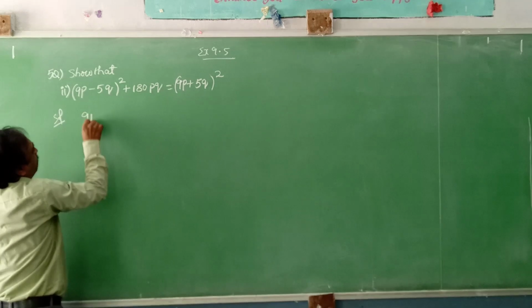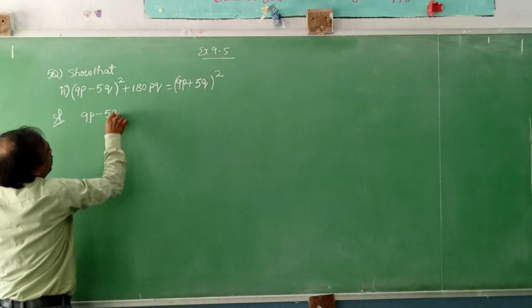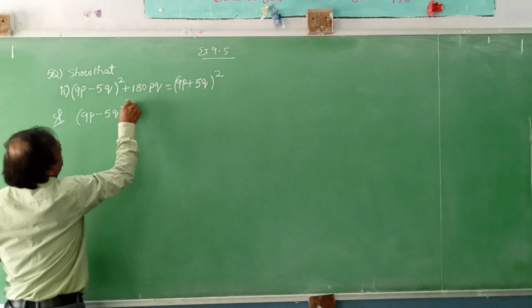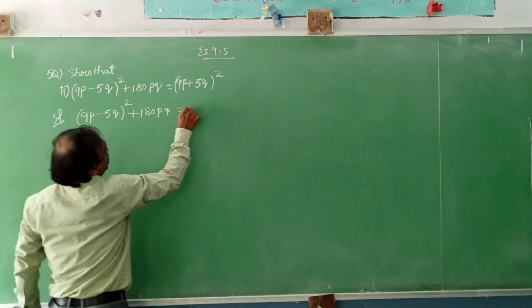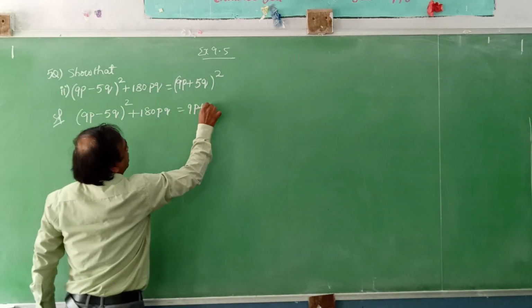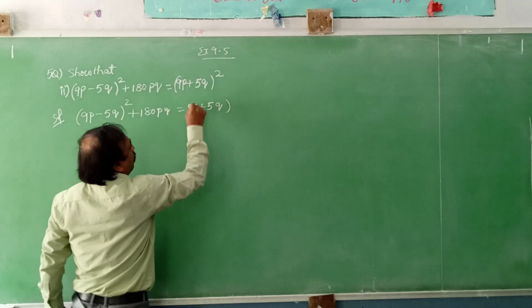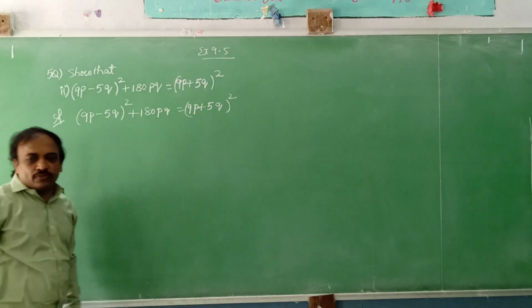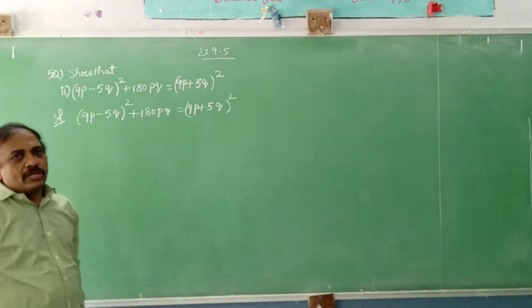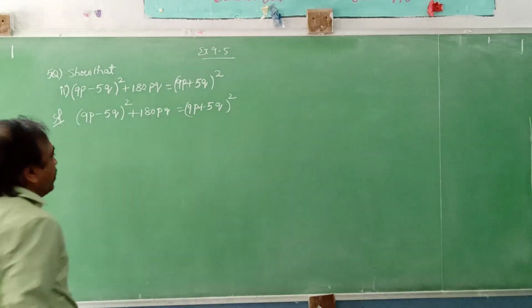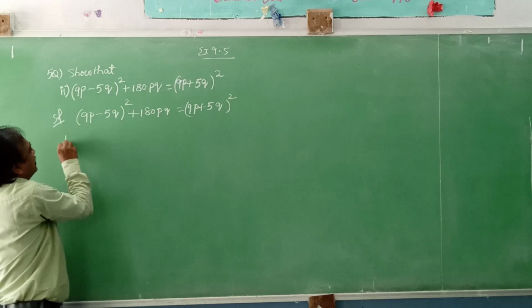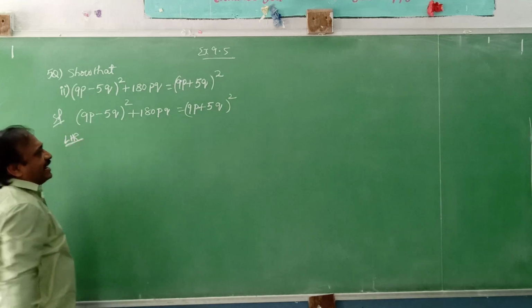In the question, it is given: (9p minus 5q) whole square plus 180pq is equal to (9p plus 5q) whole square. While solving, first we take the LHS part, the left hand side.